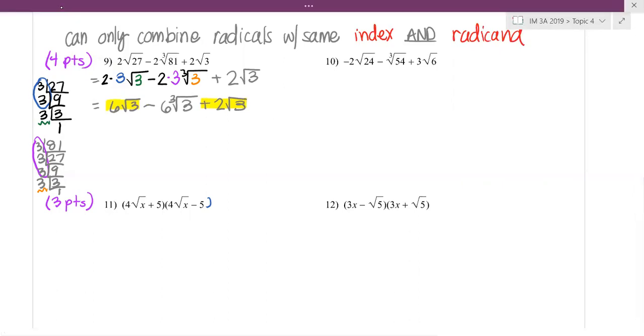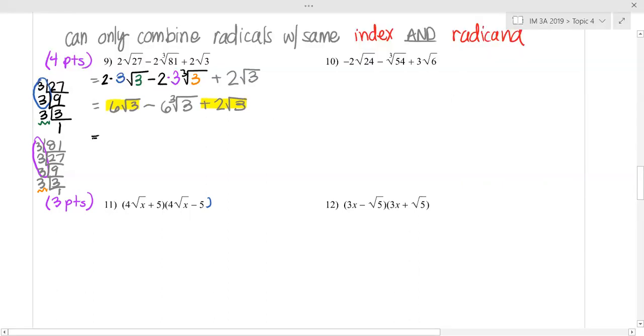So that means that our answer is going to be 6 radical 3 plus 2 radical 3 means that we have 8 radical 3 minus 6 times the cube root of 3. So again, I had 6, I added 2, that means I have 8 now, and I can't combine the 6 cube root of 3 because that index value doesn't match.